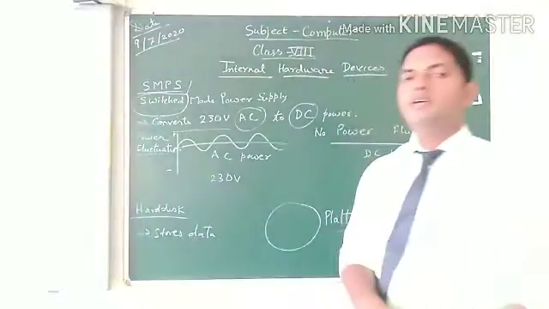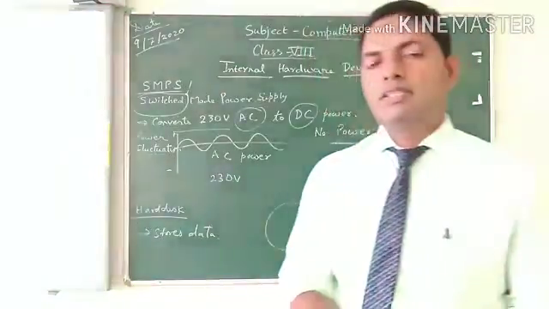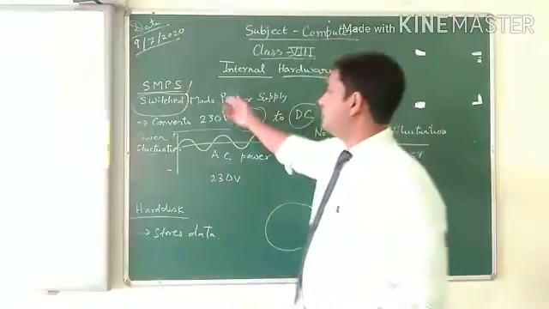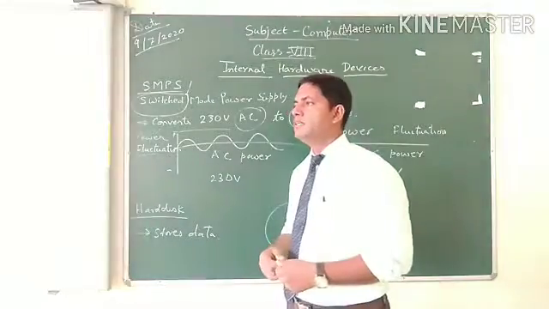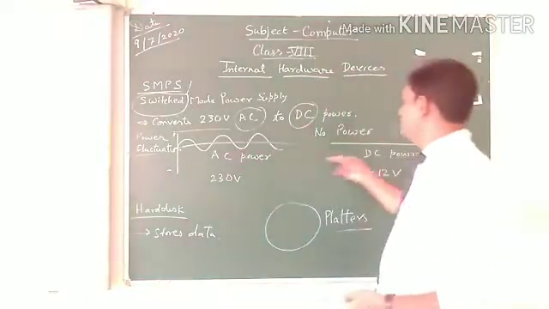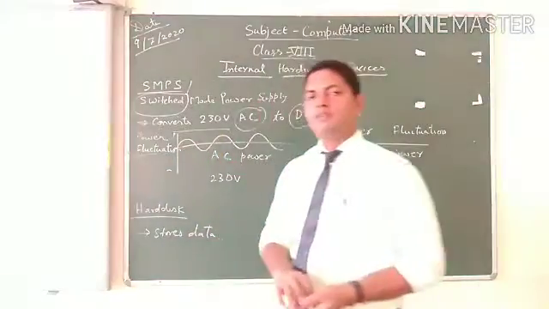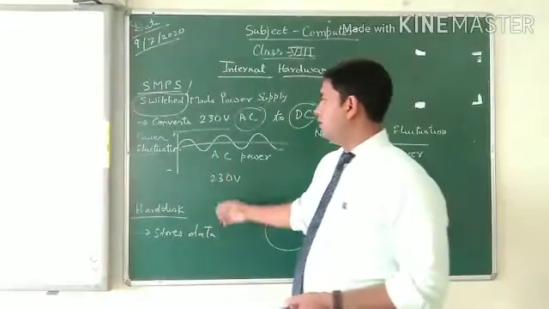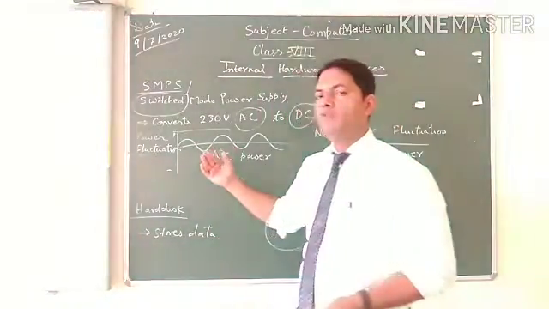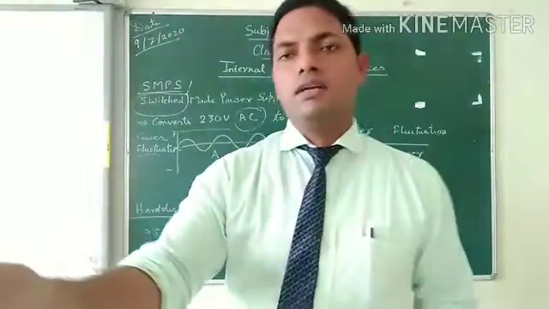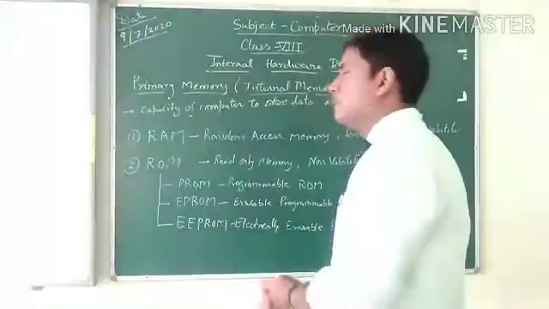In this way, a power supply is given to the computer from AC to DC so that our work is done smoothly on the computer without any power fluctuation. The hard disk is used to store the data.